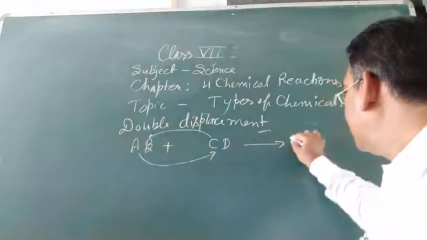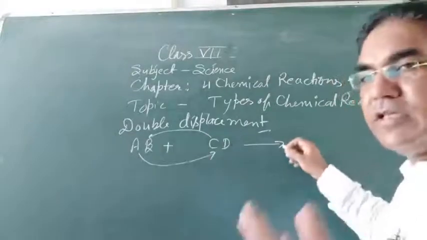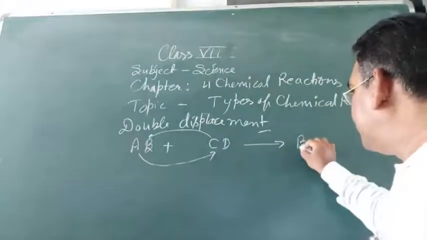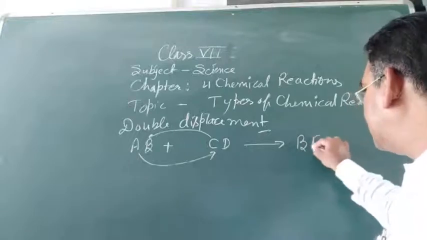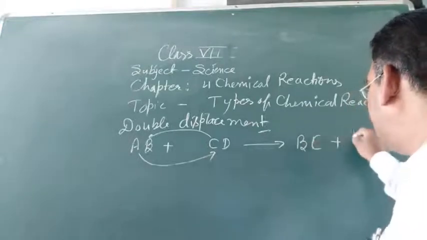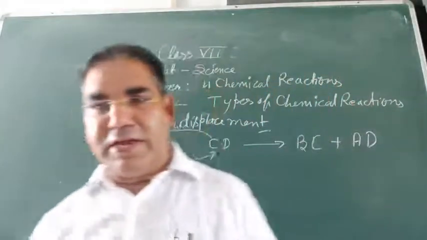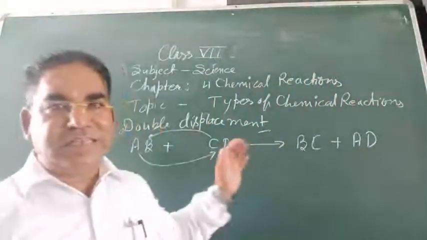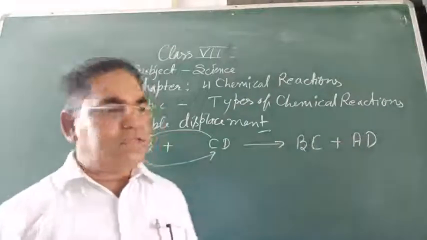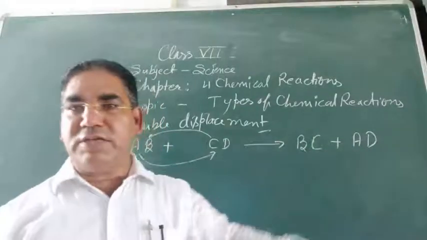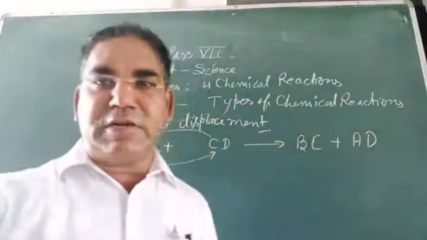So the products may be BC plus AD. Such kinds of reactions are known as double displacement reactions.